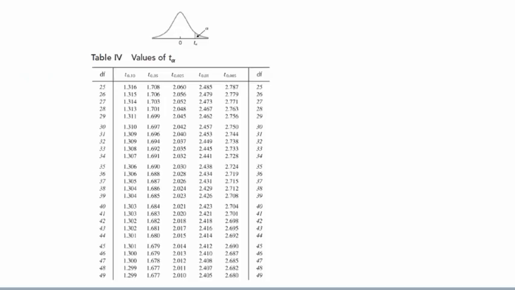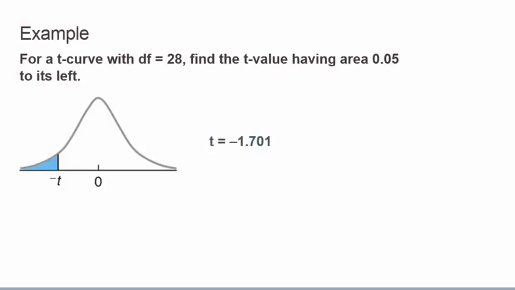So going to our table, I want to find the column for 0.05. Then I want to find the degrees of freedom of 28, where they cross, 1.701. So changing my sign, t equals -1.701.